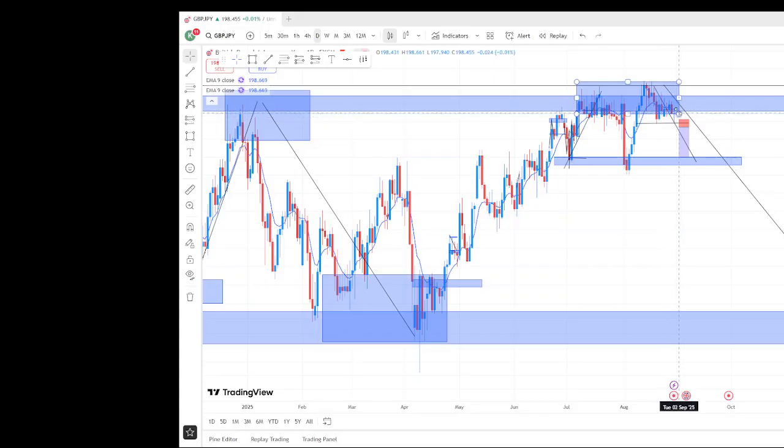So with the more news to come, it could just push back down to the downside. That might be what happened on the upcoming Friday.